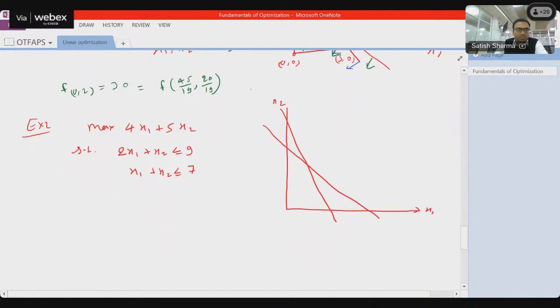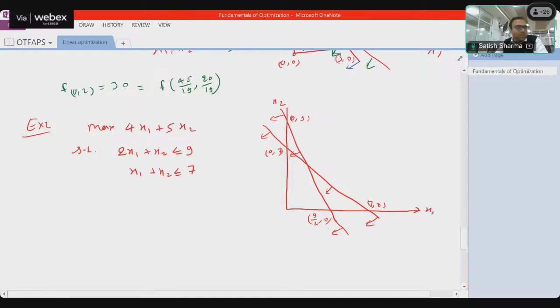Here the points are 0 comma 9, and this is 9 by 2 comma 0, then this point is 7 comma 0, and this is 0 comma 7. So this is line 2, this is line 1, and both are less than or equal to conditions, so the solution space will be on this particular direction, and for this condition the solution space will be on this direction as well.